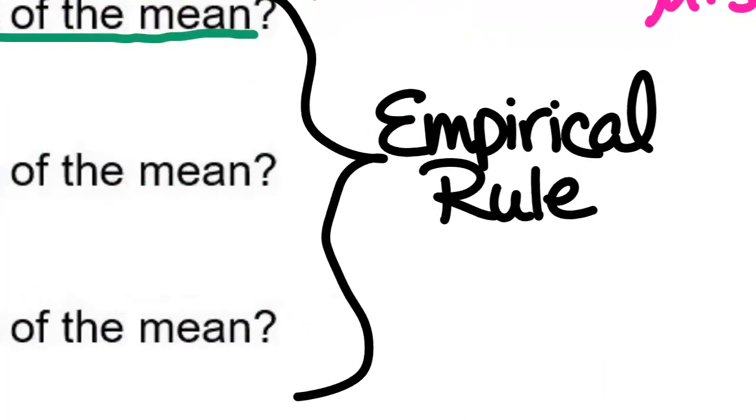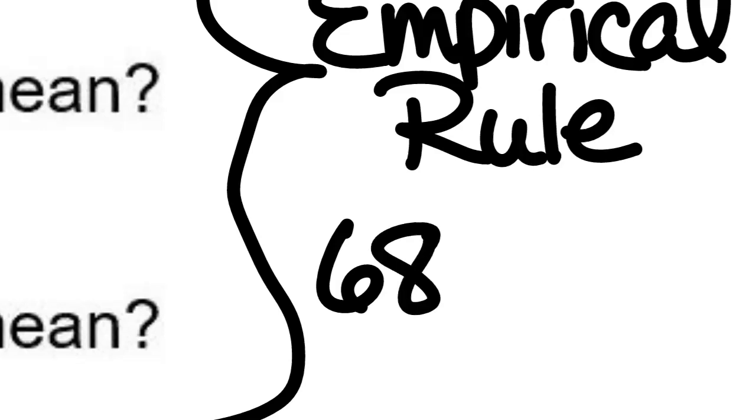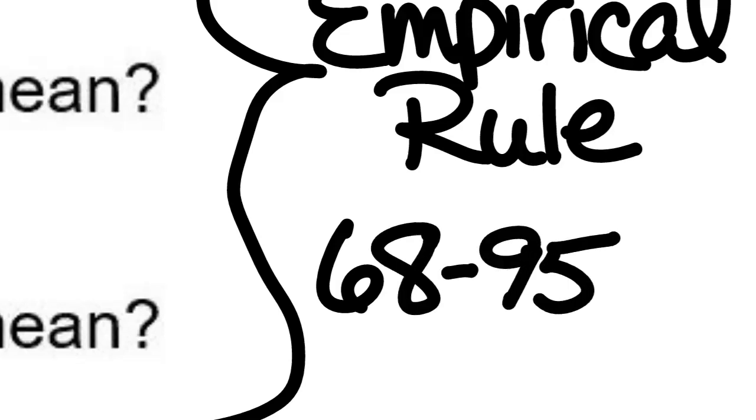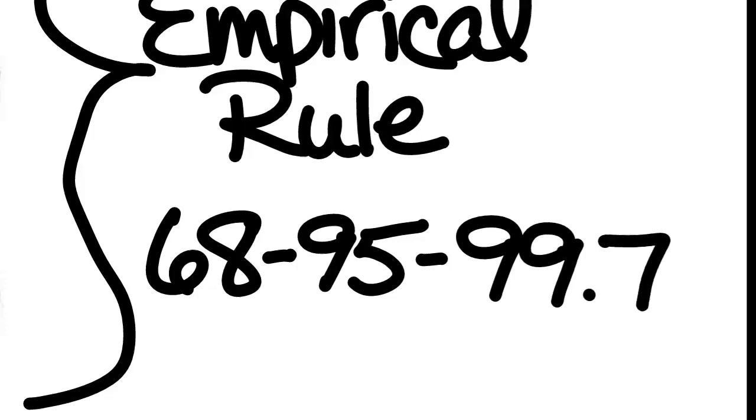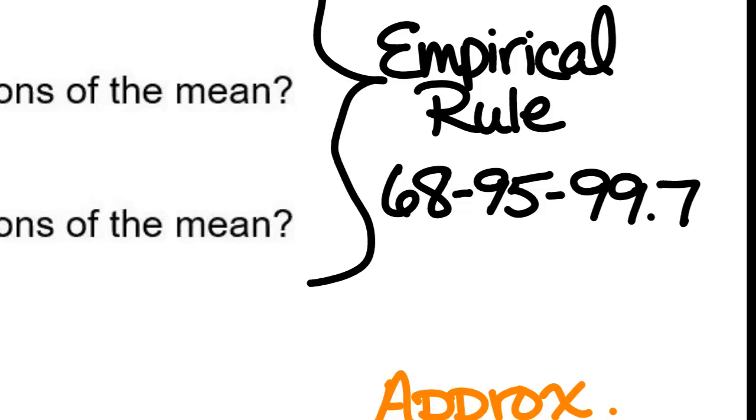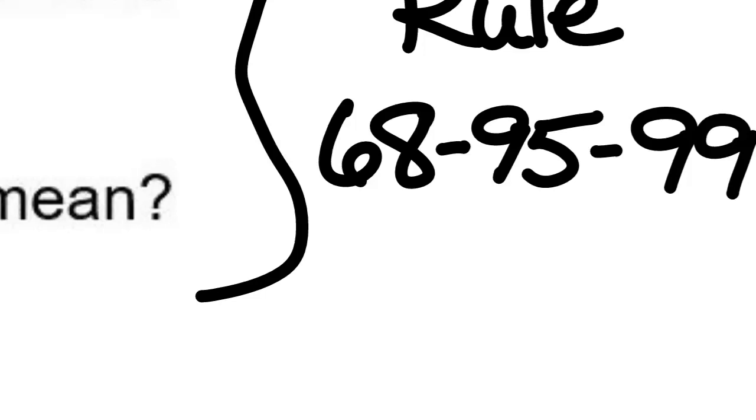The empirical rule, sometimes called the 68, 95, 99.7 rule.